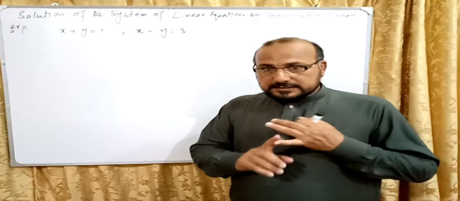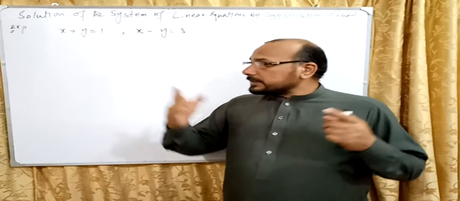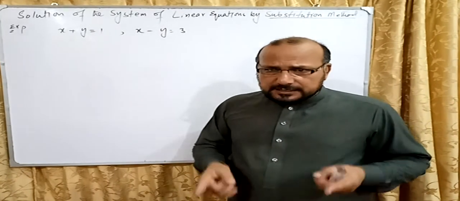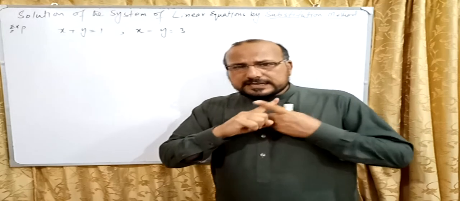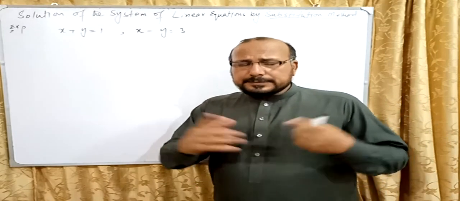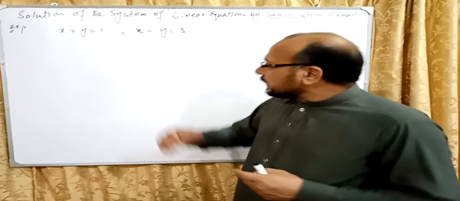Number one, maybe the two equations are intersecting, because every linear equation represents a straight line, so the two lines may intersect each other at a single point. In that case we have a single solution, or one solution.